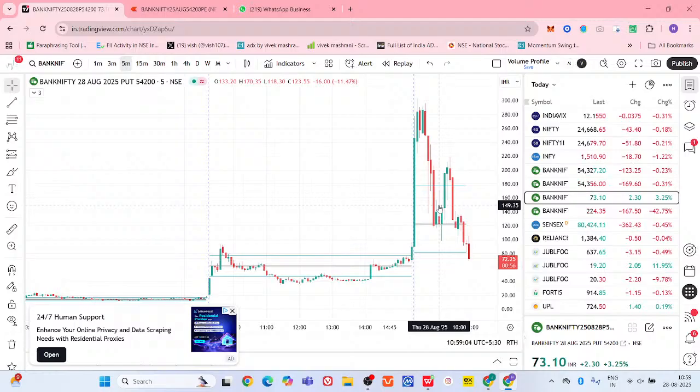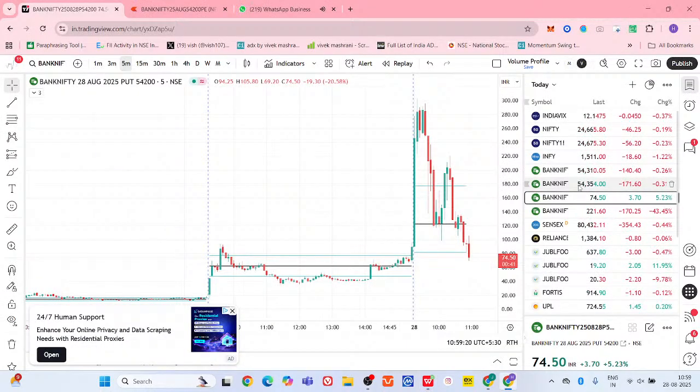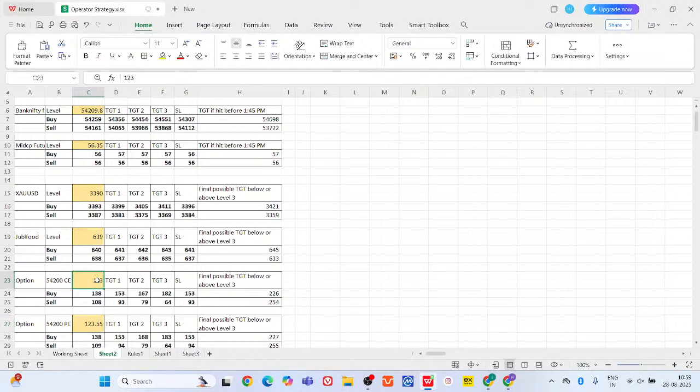The 54,200 call closing was also 123.55, and this was 123.7. So if you see, what is the target? The final target 183 is done, right? So that's how the market is.